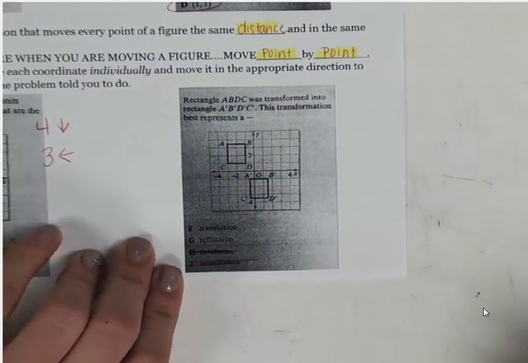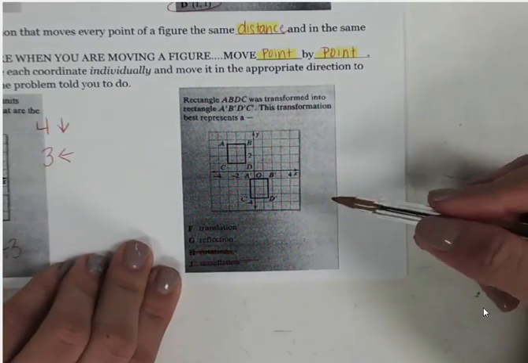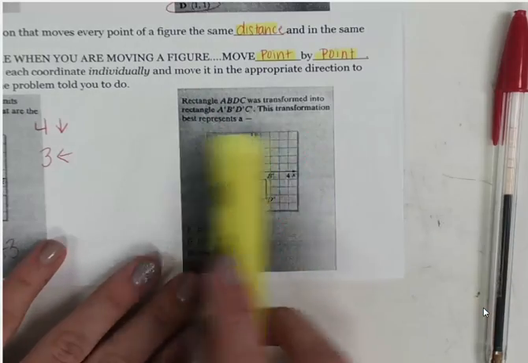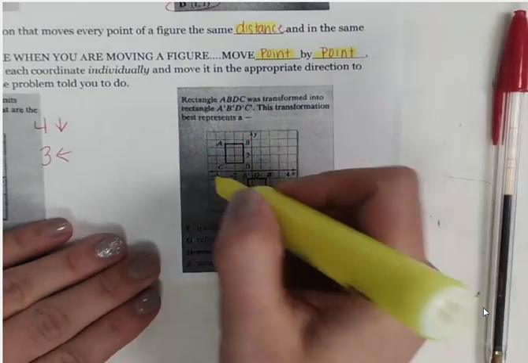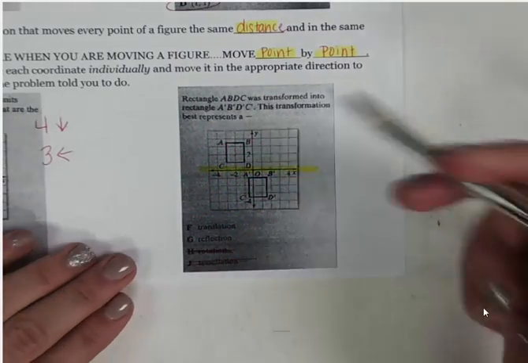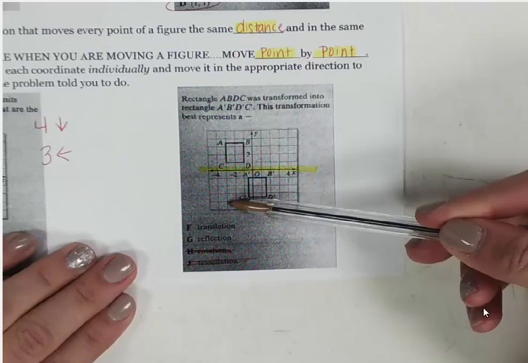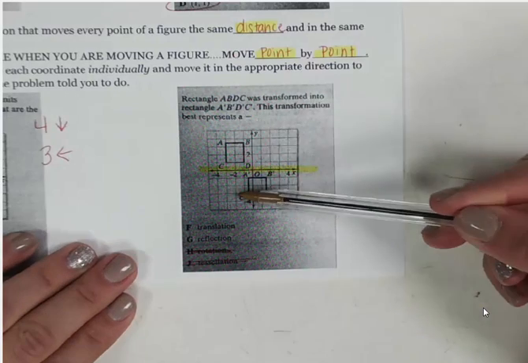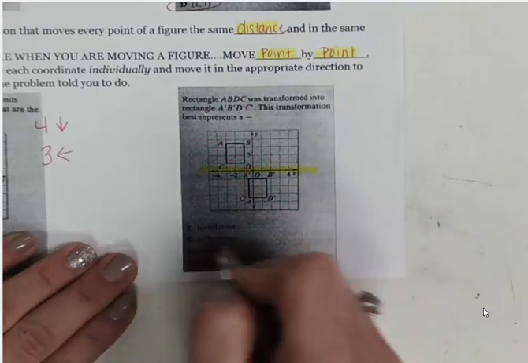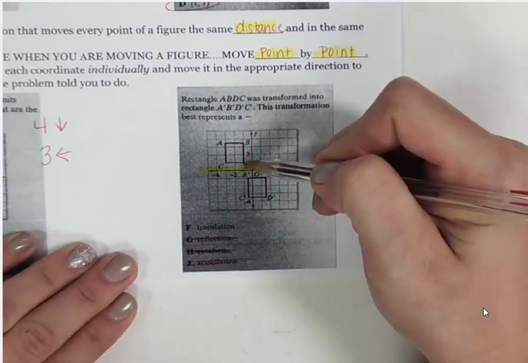So let's see if it's reflected. Well, I know it was in the top half, and then it got moved to the bottom half, so it would have been reflected over the x-axis. But since it didn't flip directly down, and it's not in the same spot like this, I know it can't be a reflection, so it has to be a translation. And did each point move the same way?